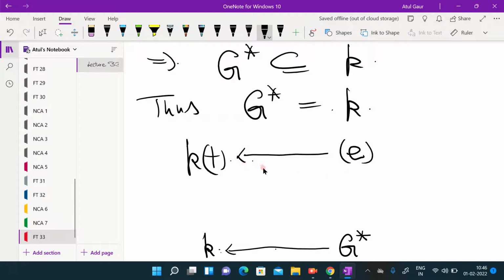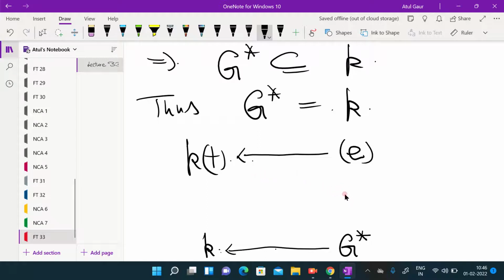So if you allow the infinite extensions to be Galois extension, the question is, will you get one-to-one correspondence between subgroups and the subfields?